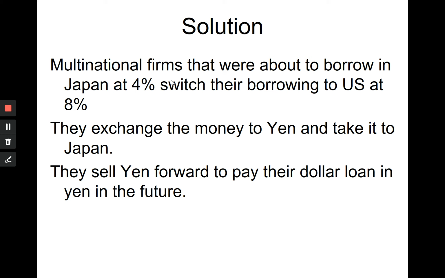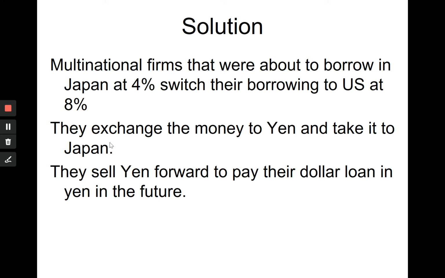This activity of multinational corporations switching their borrowing from one country to another country is equivalent to arbitrage, and this affects the interest rates of those countries. Of course, they exchange the money to yen and they can take it to Japan for their operations and make it available there.